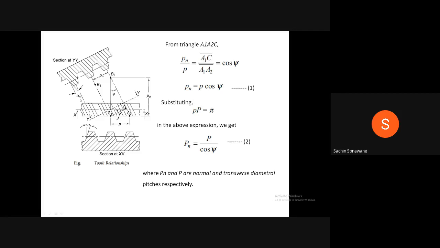Here alpha n is nothing but normal pressure angle. Psi is nothing but helix angle.